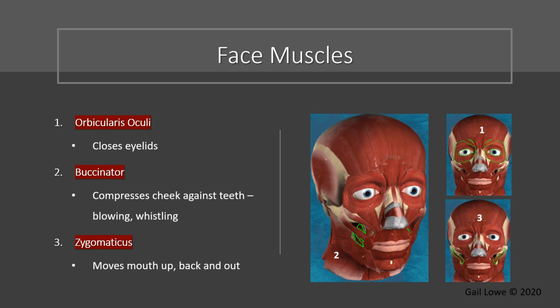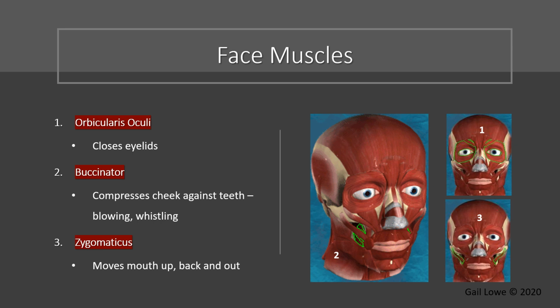Continuing with the face muscles, we have number 1, if you can see the green line around the eyes, this is the orbicularis oculi. Now, as it says, orbicularis, an orb is a circle, and orbicularis means that it circles the eyes. So this muscle goes round the eyes. Oculi means eye.